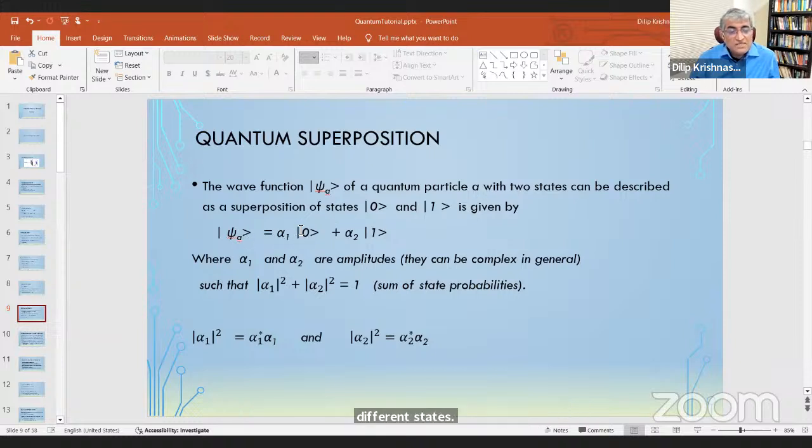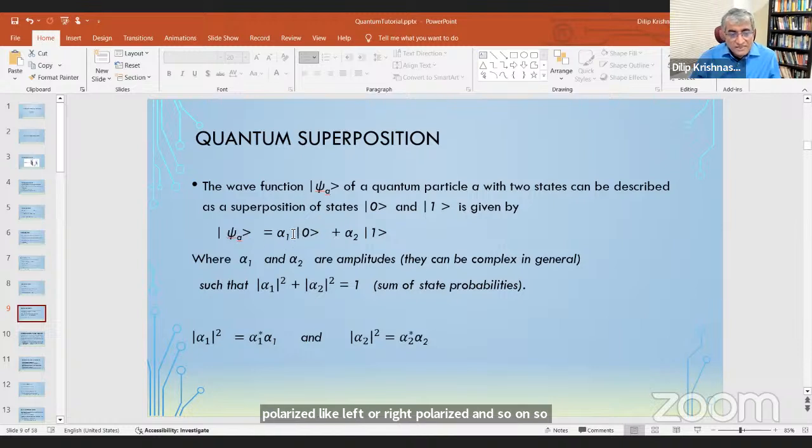Let's say we have two states, say 0 and 1. This can be spin up and down, for example, or light polarized left or right polarized, and so on.